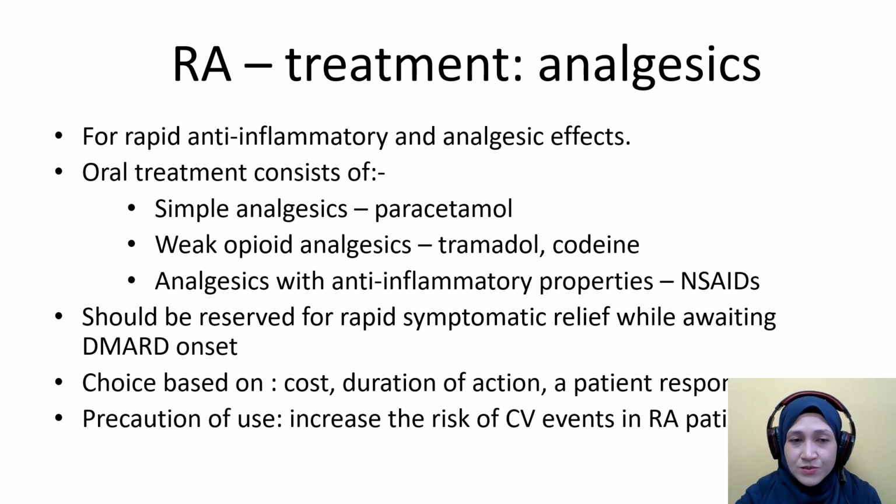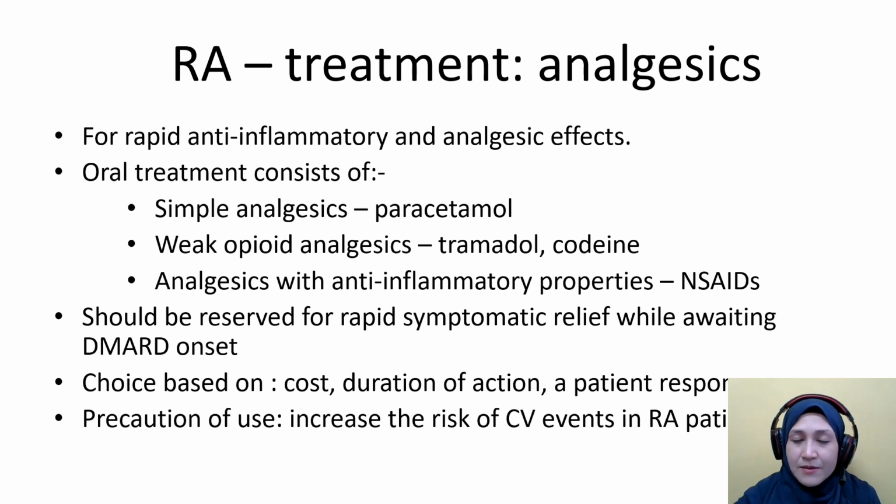We can choose simple analgesics like paracetamol to manage the pain, weak opioid analgesics like tramadol or codeine, and also NSAIDs. And for the NSAIDs, it can also cover for the inflammation. Should be reserved for rapid symptomatic relief while awaiting for DMARD onset. So we have to give them together.